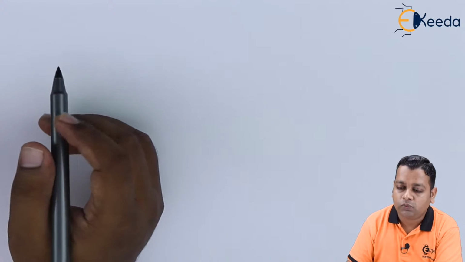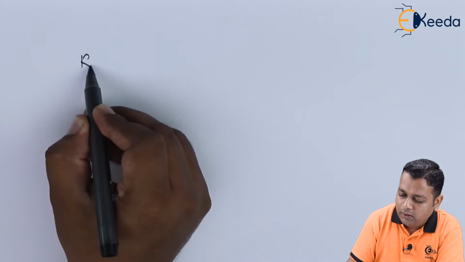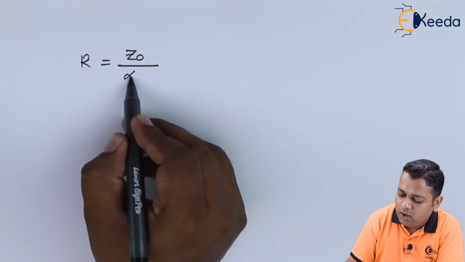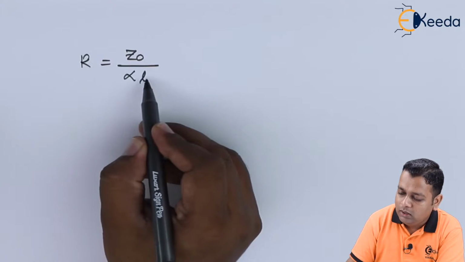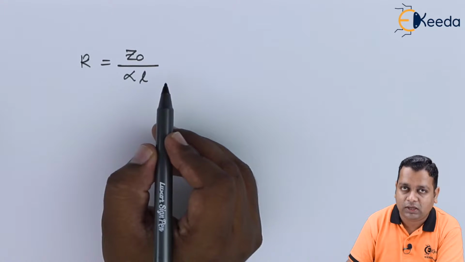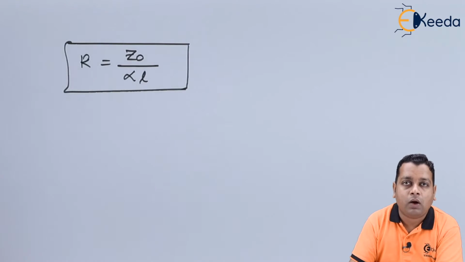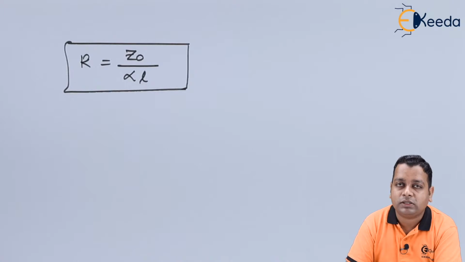So for such a transmission line having the effect of a parallel RLC resonant circuitry, we can find the equivalent components for R, L and C. For the resistive part, R can be represented in terms of the characteristic impedance Z0 divided by the attenuation constant alpha into the length of the transmission line. So this is the important case accounting for the power losses that we can further express in terms of the quality factor.